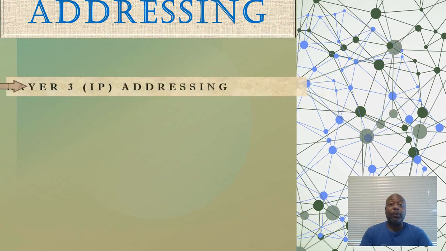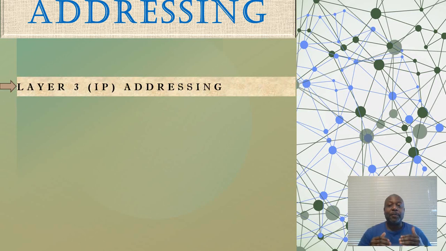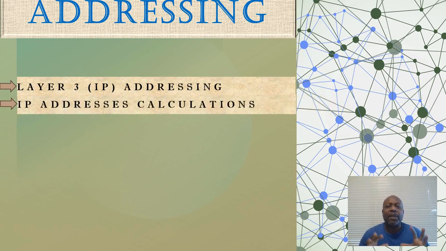And for that purpose, we're going to have another layer of addressing, which is layer 3. And we call the addresses that are managed at layer 3 IP addresses. So we're going to talk about that, and then we'll spend a little bit of time in the math of those numbers, because it can be a little challenging to understand how we move from 1s and 0s to different numbers, right?